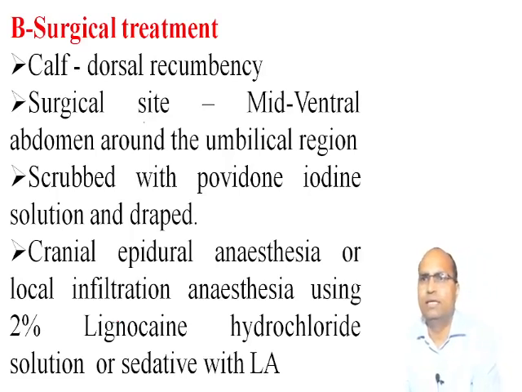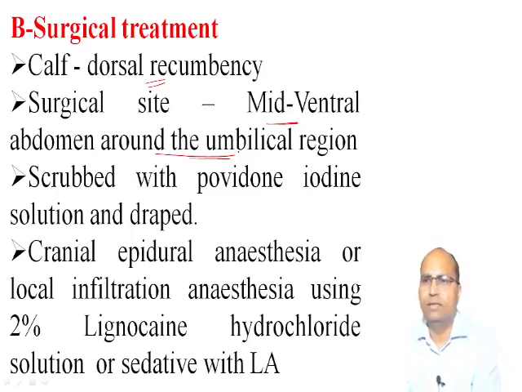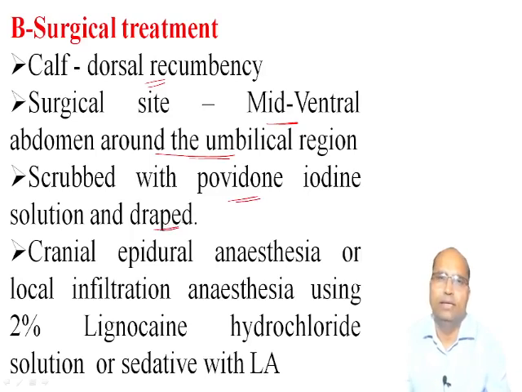For this, the calf should be restrained in dorsal recumbency. The surgical site on the mid-ventral abdomen around the umbilical region should be prepared for surgery by shaving, then scrubbed with povidone iodine solution and properly draped.